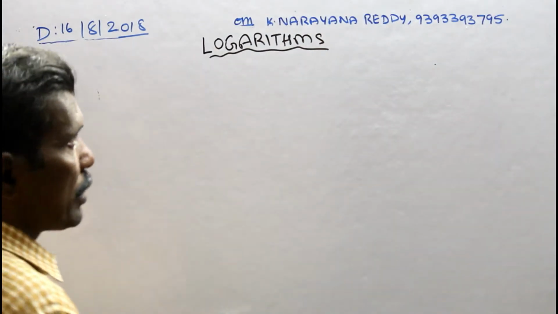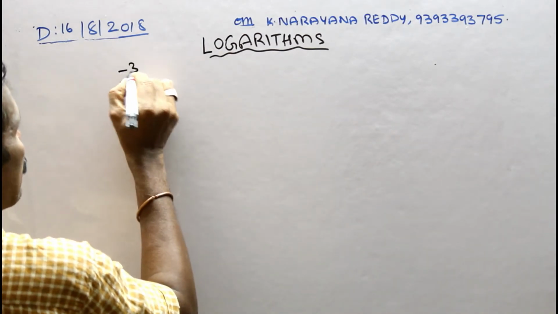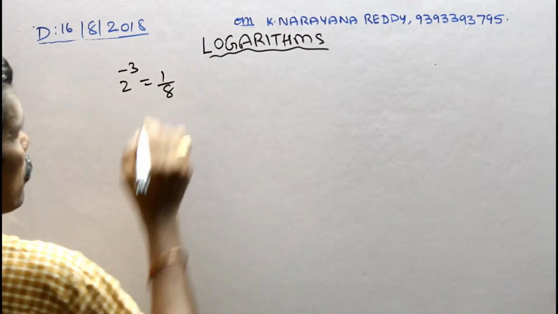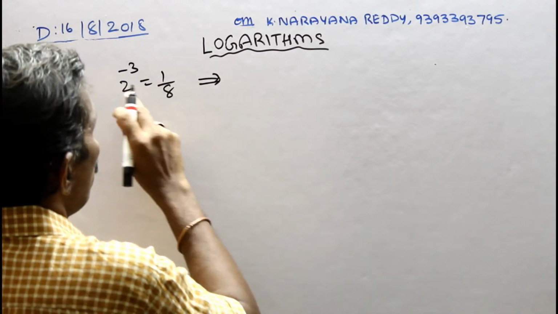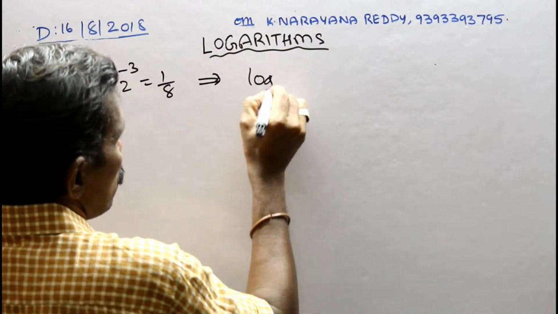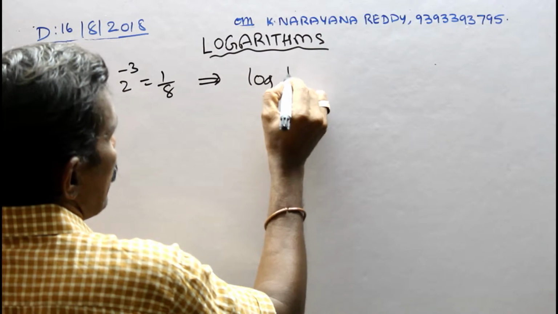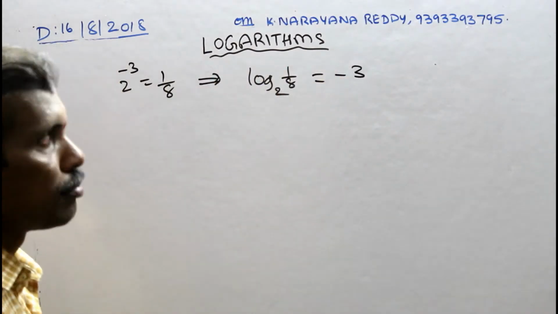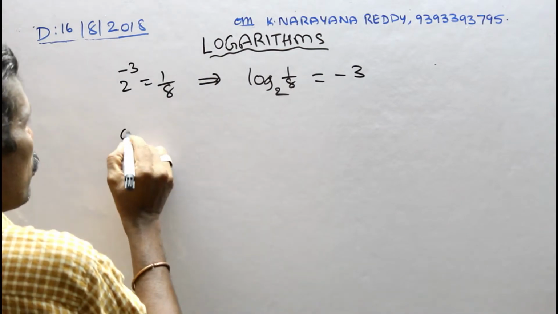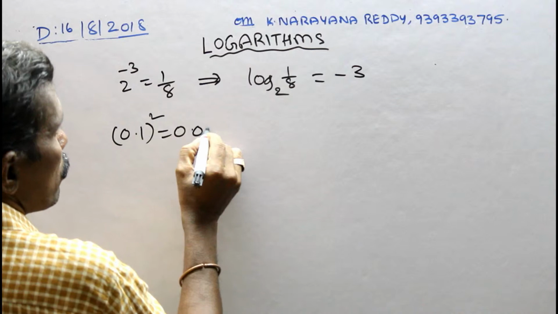See the next example. For example, 2 to the power of minus 3 equals 1 by 8. This can be written in logarithm as log base 2 of 1 by 8 equals minus 3, the exponent. In the same manner, 0.1 whole square equals 0.01.